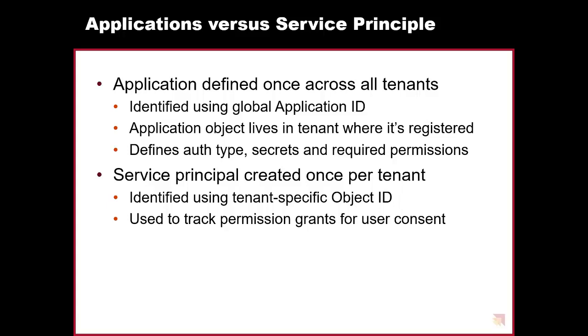And it's identified using that global application ID. And the application basically lives in the tenant where it's registered. And that one global definition defines its auth type. Is it public client versus web? Does it have credentials? Does it require permissions? But then the service principal, that has that object ID, tracks anything that has to be tracked on a per tenant basis.